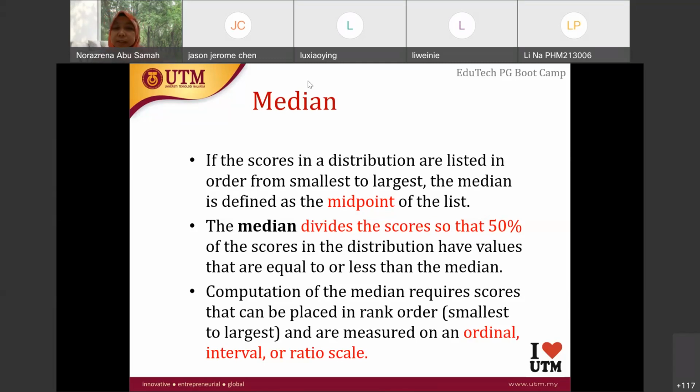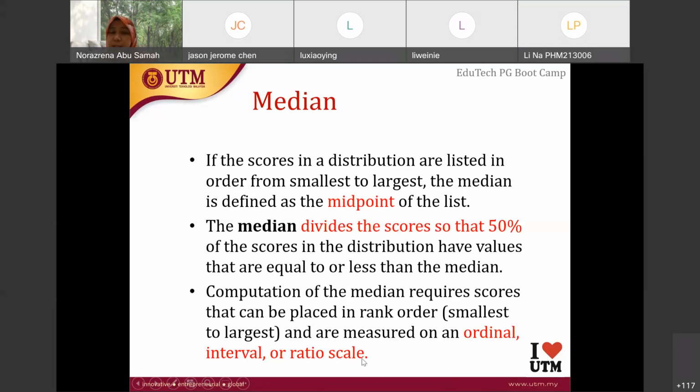The median divides the scores so that 50% of the scores in the distribution have values that are equal to or less than the median. Computation of the median requires scores that can be placed in rank order, smallest to largest, and are measured on an ordinal, interval, or ratio scale.